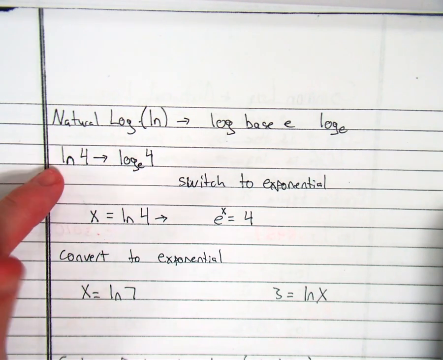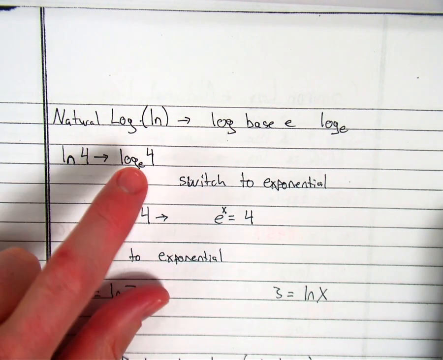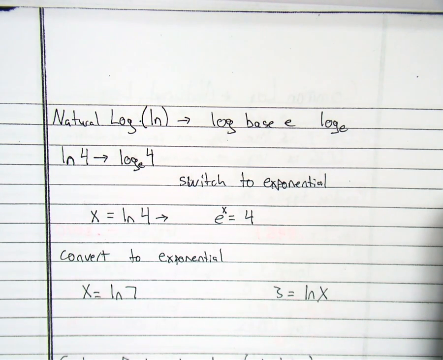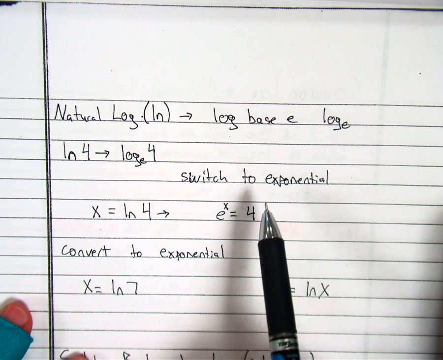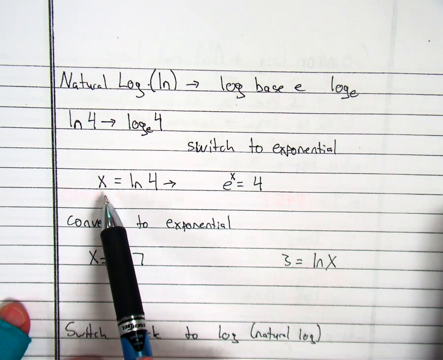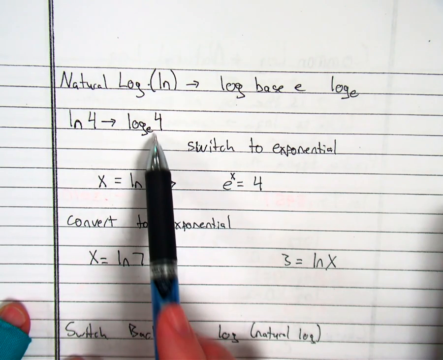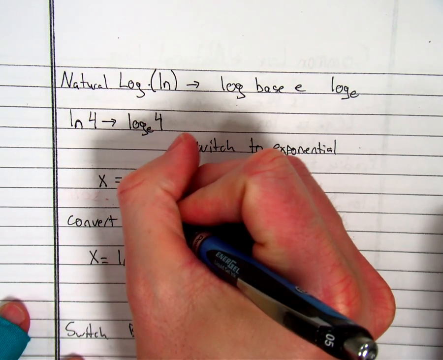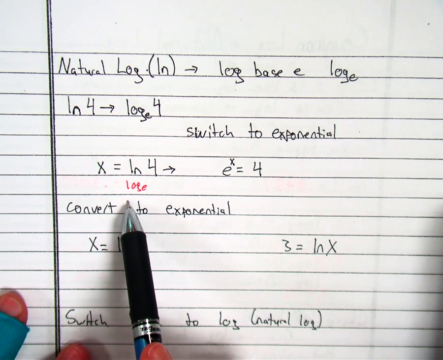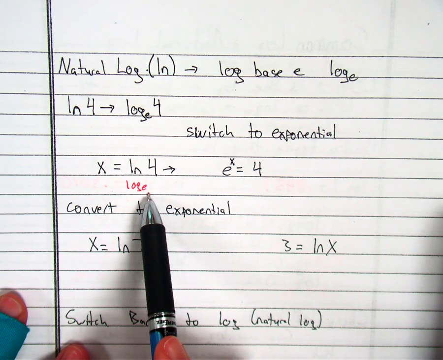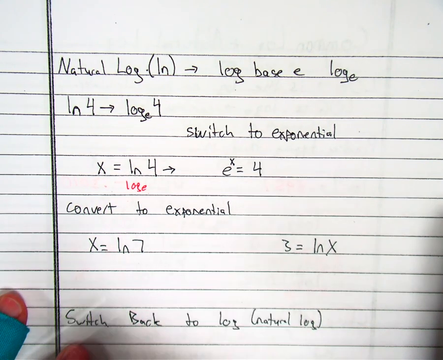So if we had natural log of 4, that's really log base e of 4. Flip-flopping back and forth, exponential to log, log to exponential. Using our trick from before, x is the power on top of base e that gives me 4. So e to the x equals 4.